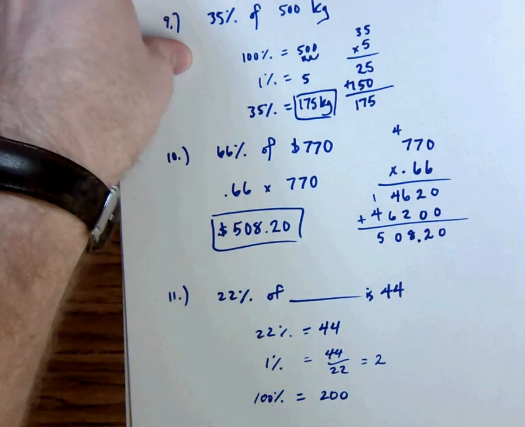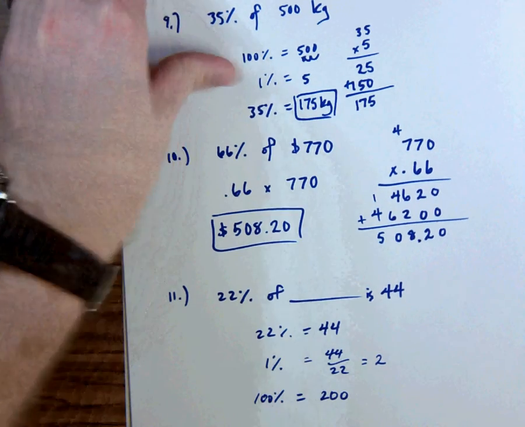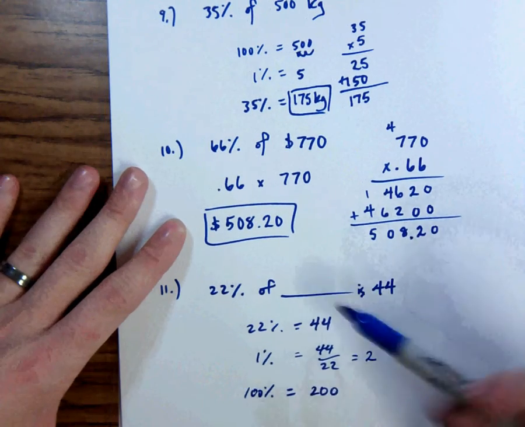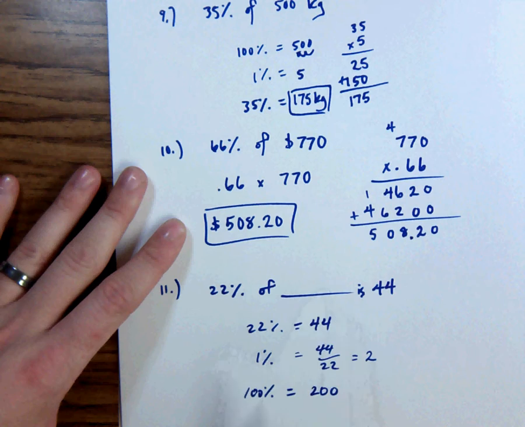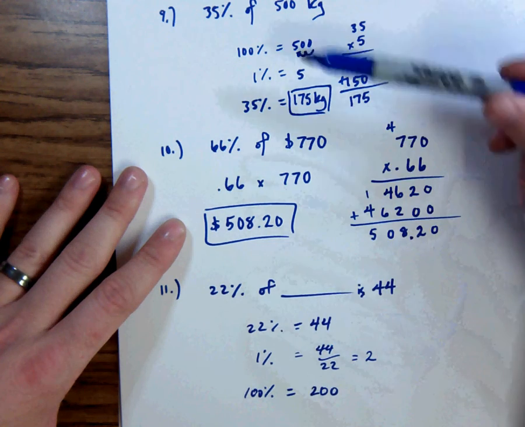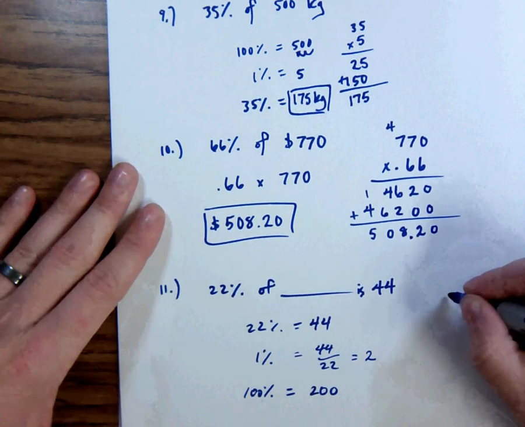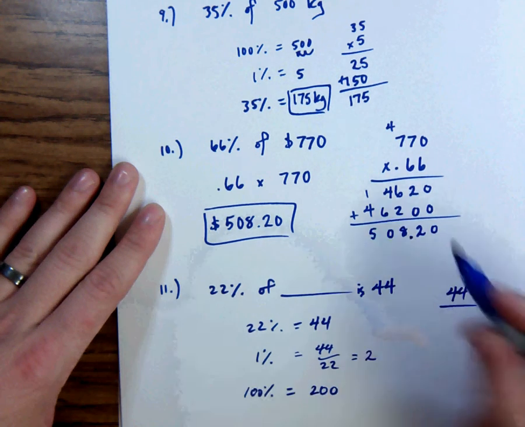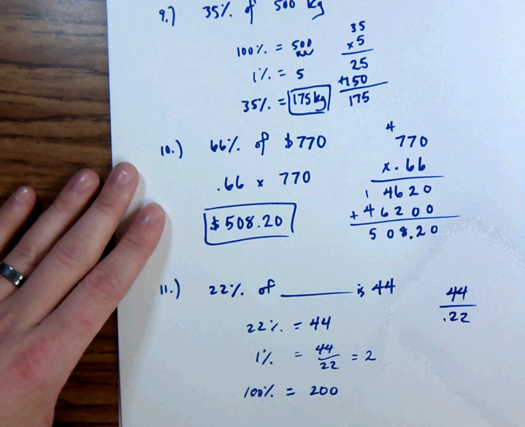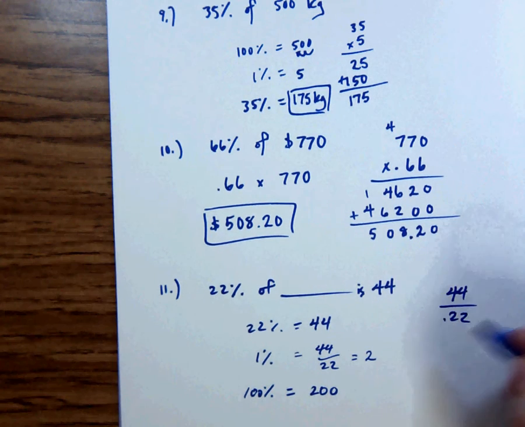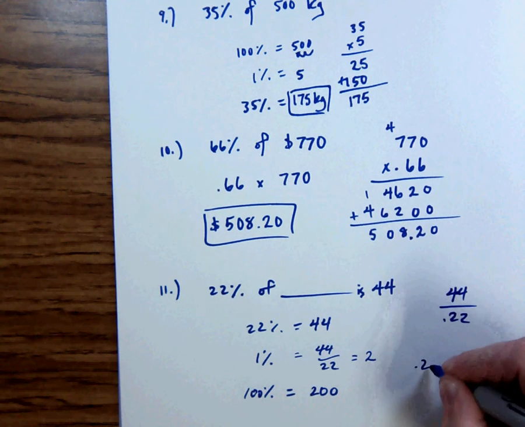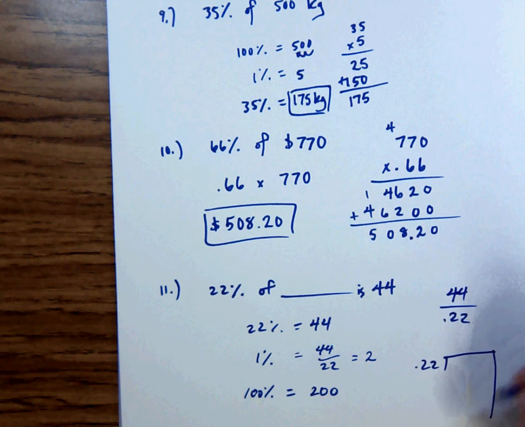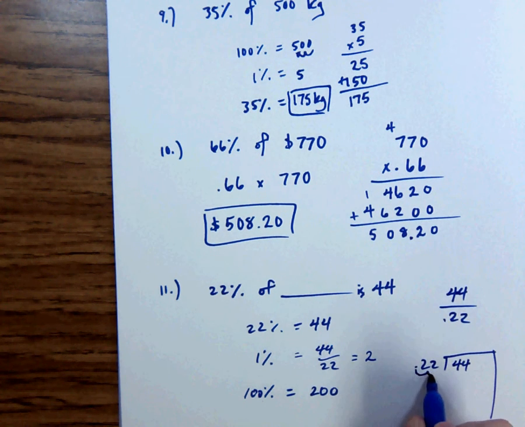Now, there's an alternative way to do it, which would be division. If we have a blank like this, we can just divide by 22%. So we can say 44 divided by 22% as a decimal, 0.22. Okay, I don't want to do that. I would rather do 0.22 like this. And remember, we don't put a decimal here.